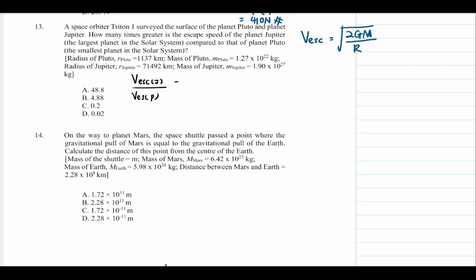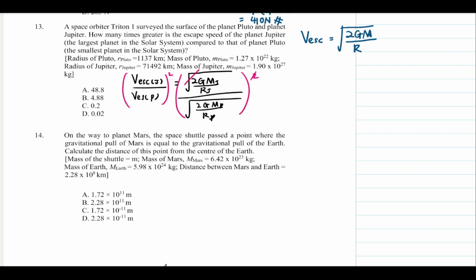So dia akan jadi equation, kena masukkan satu-satu. Square root of 2G mass of Jupiter over the radius of Jupiter, over square root of 2G mass of Pluto over the radius of Pluto. Kalau you nak buangkan square root tu, you take square for both sides. So cancel lah. Dalam masa yang sama 2G ni boleh cancel, constant.